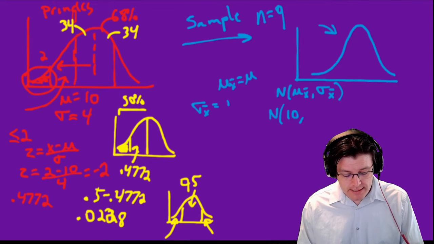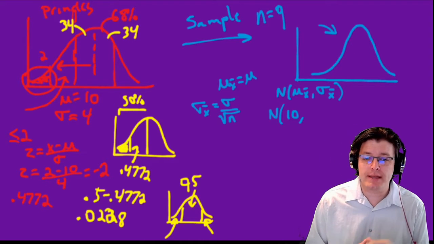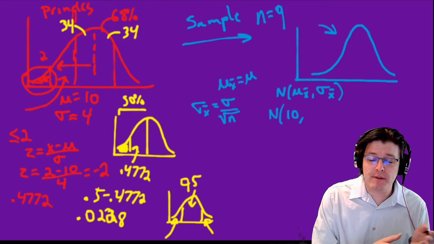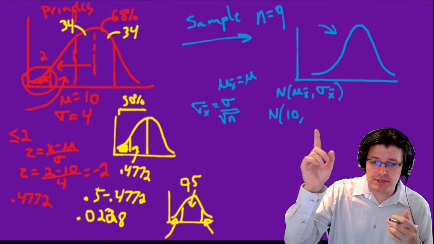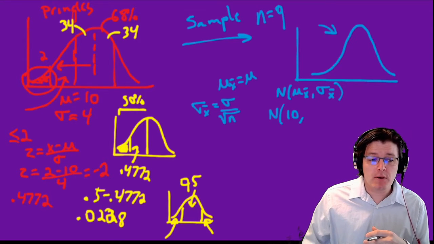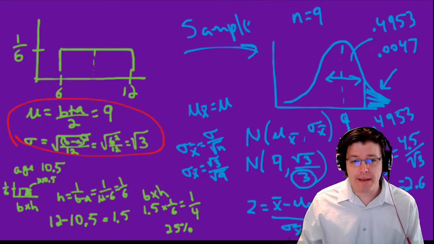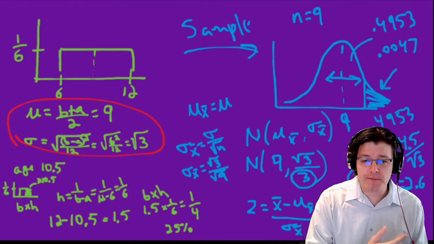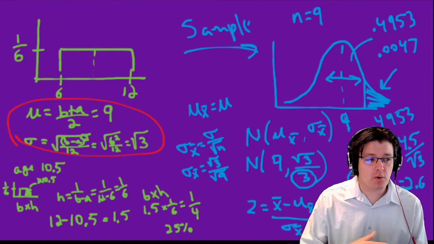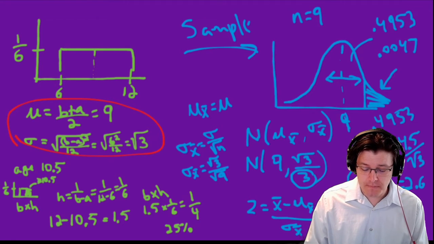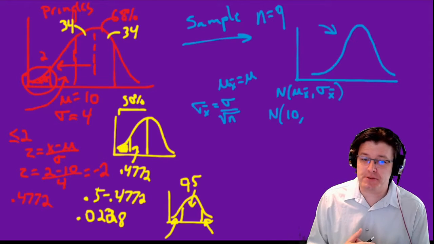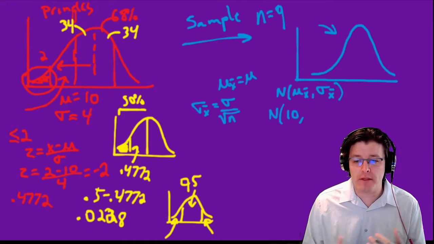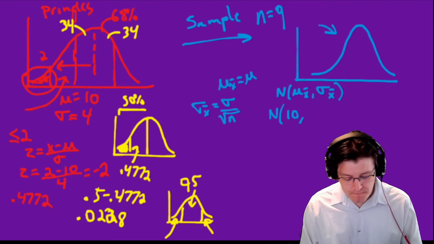Well, that remains the same as we calculated in the previous example. This process of moving from a population distribution to the sample distribution is the same whether we're coming from a uniform distribution or a normal distribution or any type of distribution. We have to transform into this new normal distribution. And this is the distribution of all the possible samples that we could take.